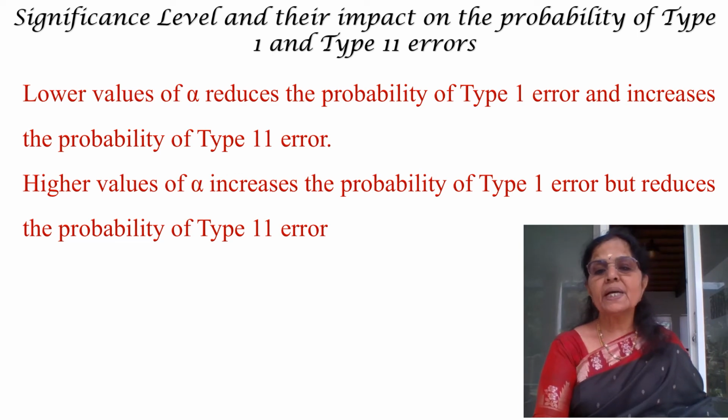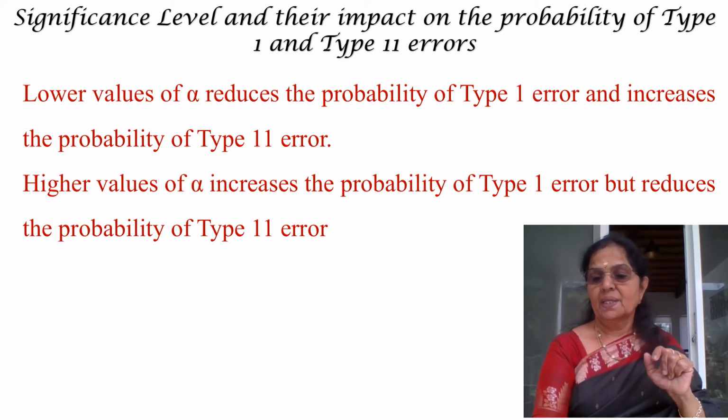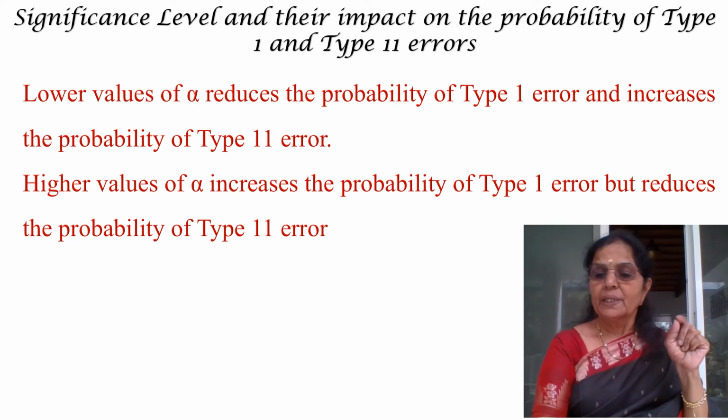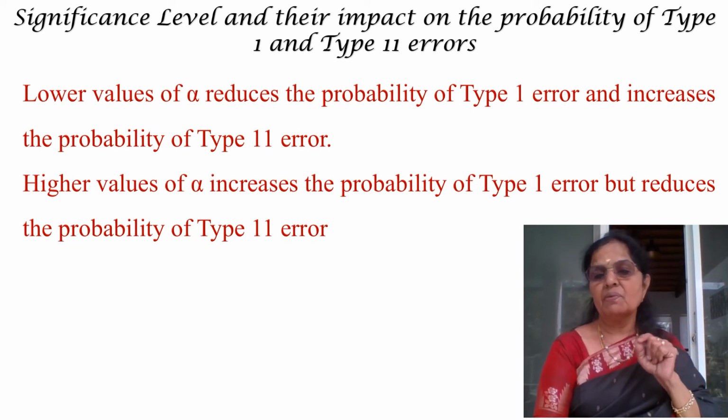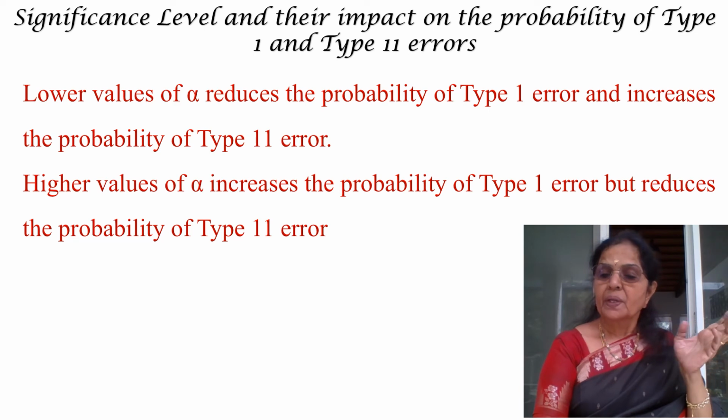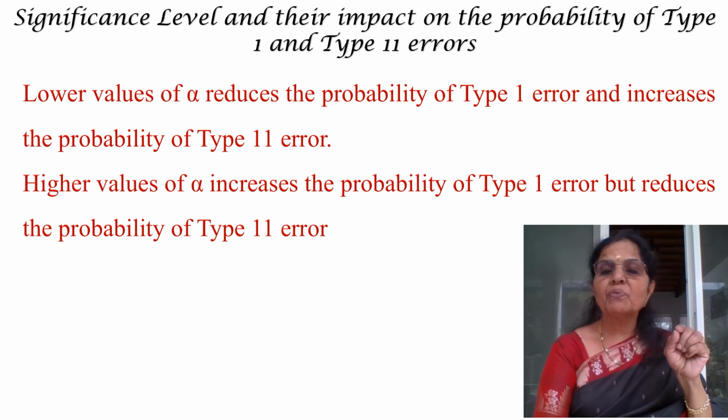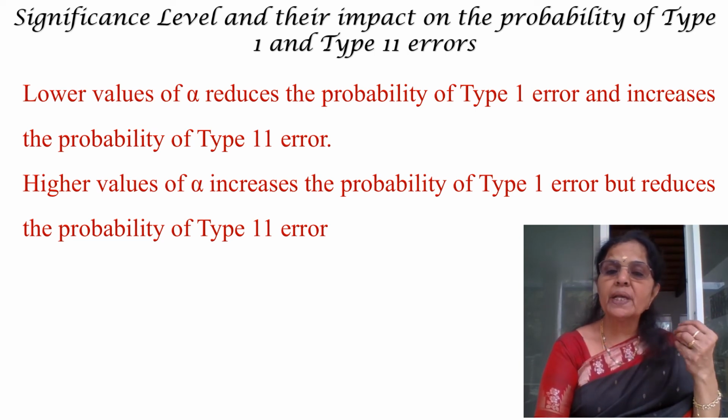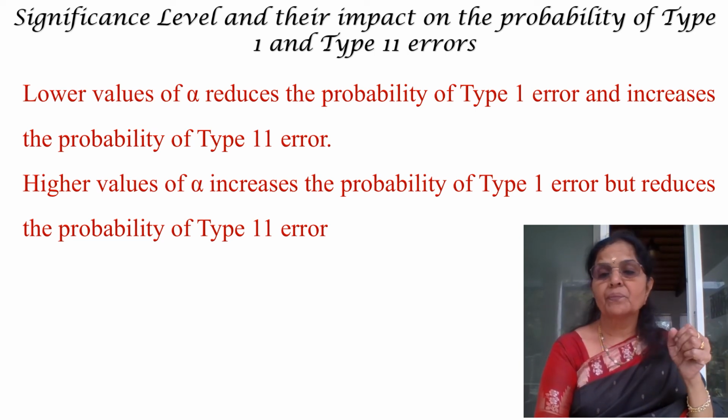So the researcher has to negotiate in choosing the alpha value before testing the hypothesis, not after the test. Before testing the hypothesis, he has to determine his alpha value, whether it is 5% or 1%, keeping in mind which type of error he wants to minimize. And please remember, this varies from case to case and from study to study.